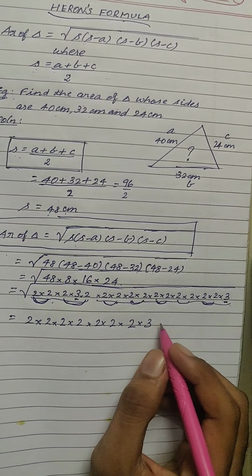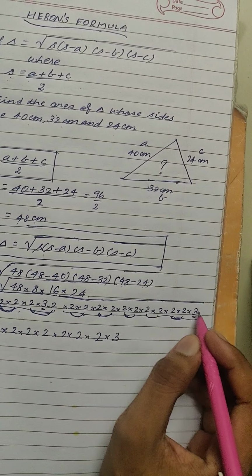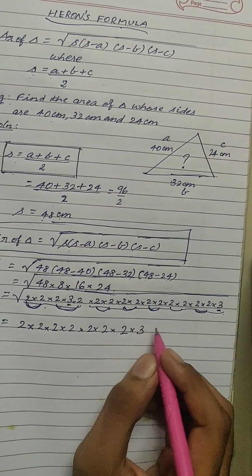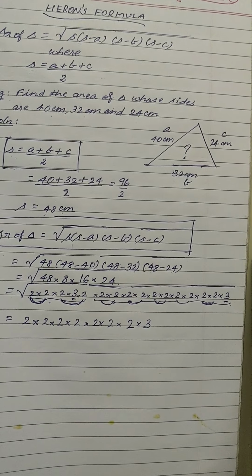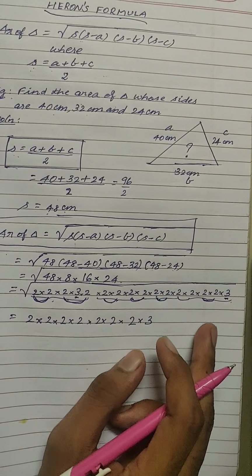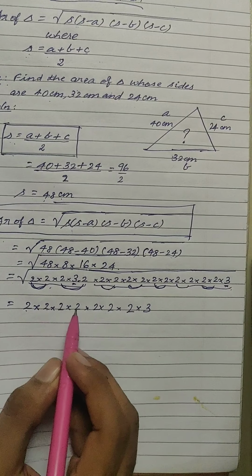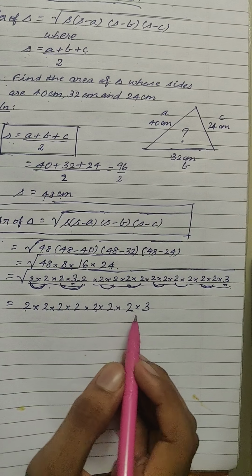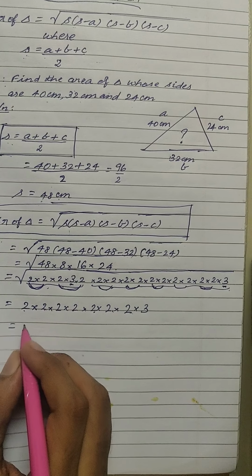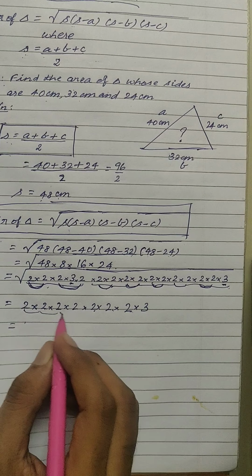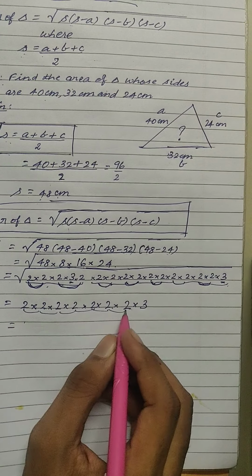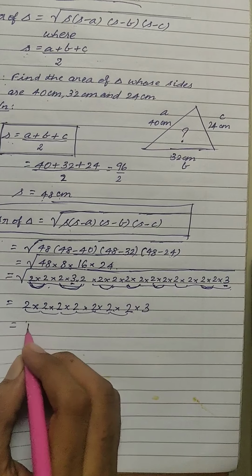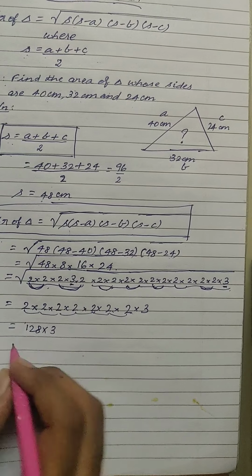At times there will be some, for example, if you have into 7, you will have root 7. So if you have any number that is alone, you have to keep it inside the root. Can you understand? So now this you will be getting as 2 2s are 4, 2 4s are 8, 2 8s are 16, 2 16s are 32, 2 32s are 64, 2 64s are 128, into 3.